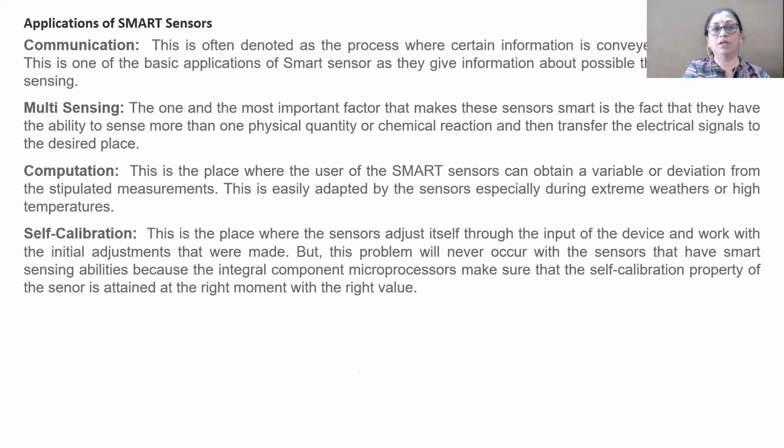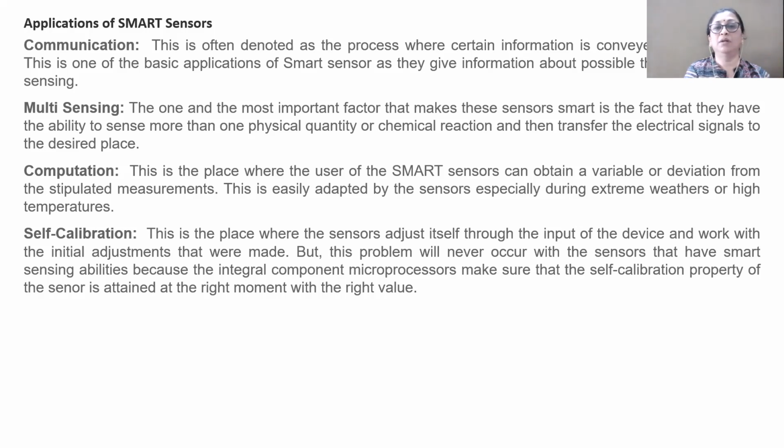Now, what are the applications of smart sensor? First application is communication. They are used to exchange the information. If the sensors are used to exchange the information, then they are communication type of smart sensors. They are also going to provide multi-sensing capability.